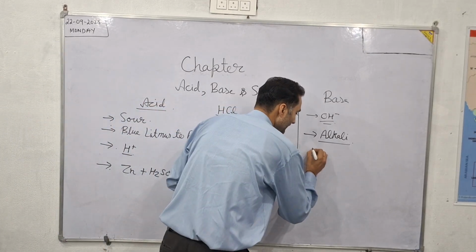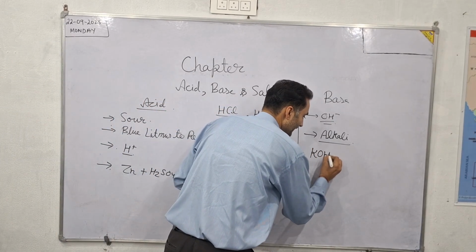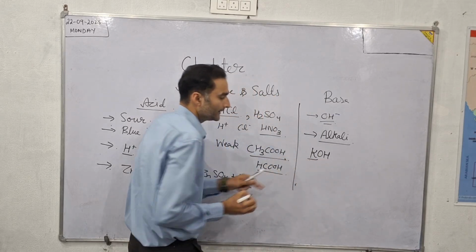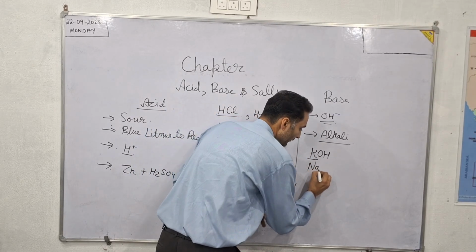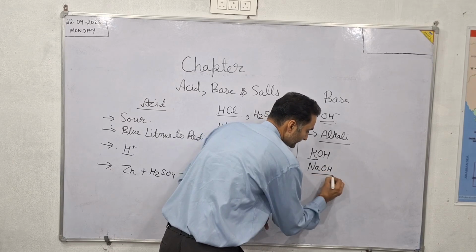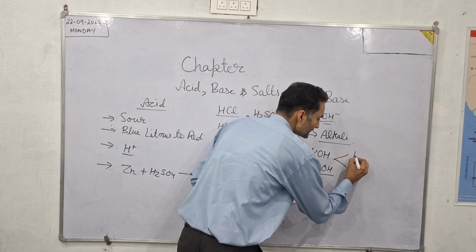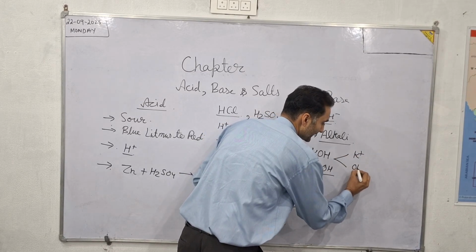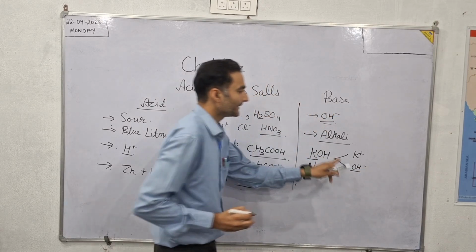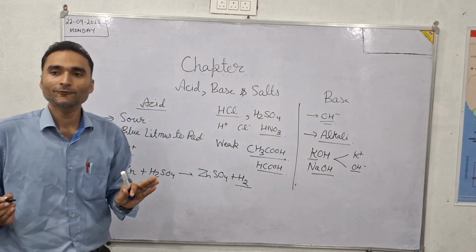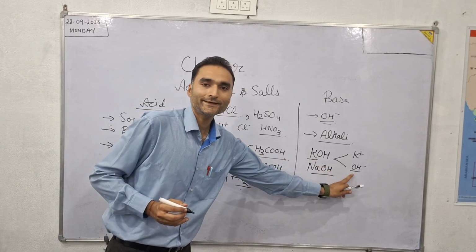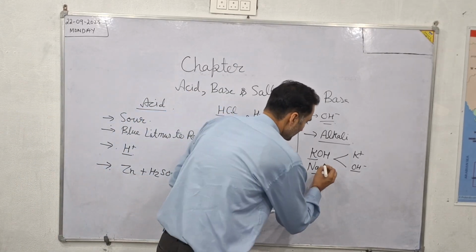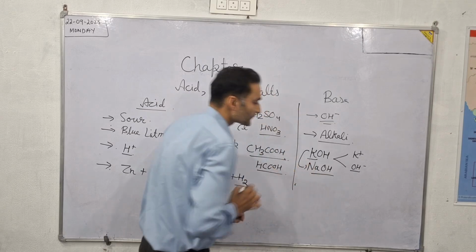Examples of strong bases are KOH, that is potassium hydroxide, where K is the element symbol of potassium, and NaOH, that is sodium hydroxide. When it completely dissociates, it gives K positive and OH negative. OH negative means it is basic in nature, which is a specialty of base, that it contains OH negative hydroxide ion in aqueous solutions. So these are the examples of strong base.